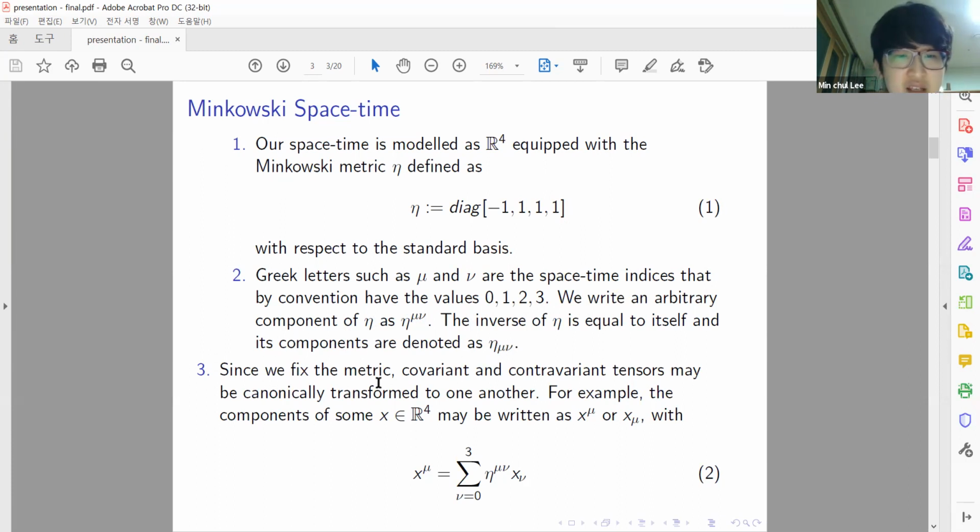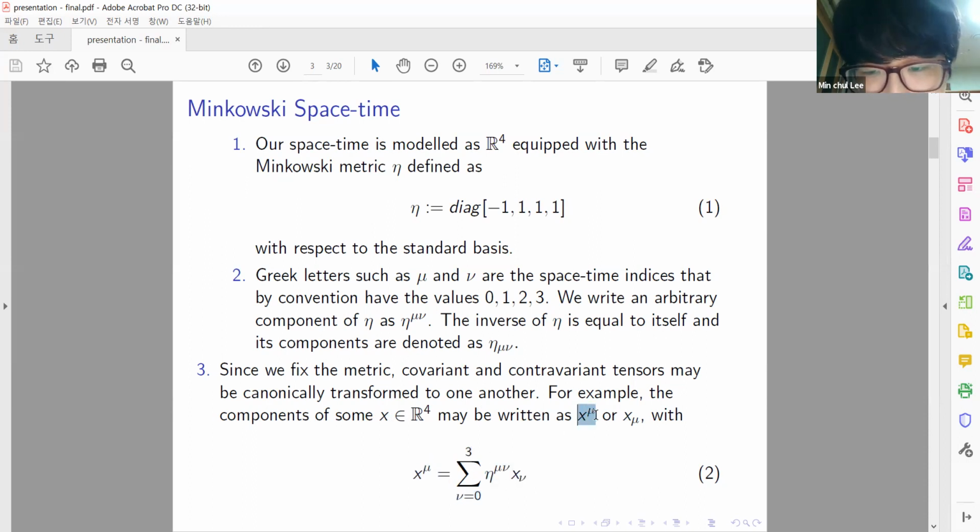Since we have fixed the metric, covariant and contravariant tensors may be canonically transformed to one another. For example, the components of some x contained in R4 may be written as x superscript mu or x subscript mu with the relation given as this.